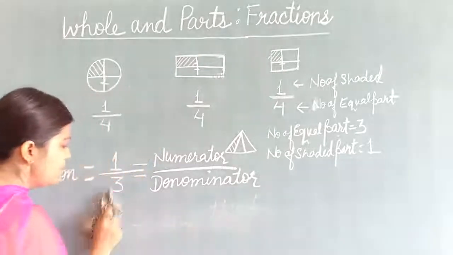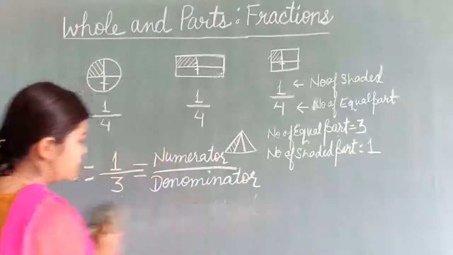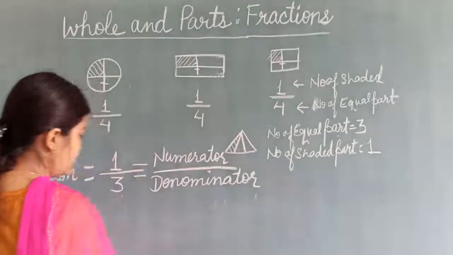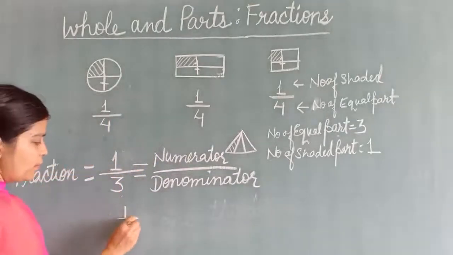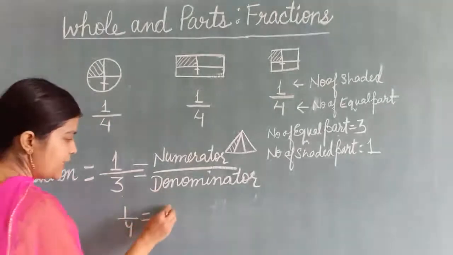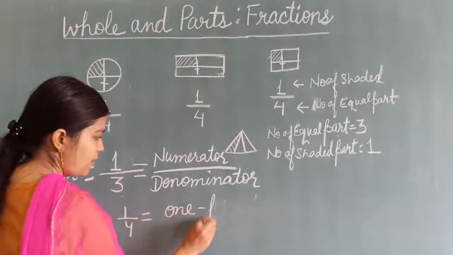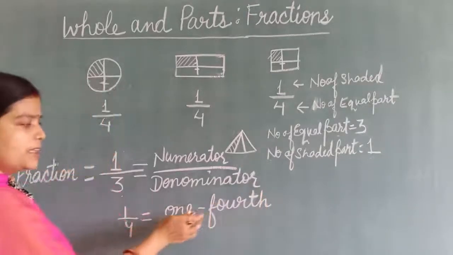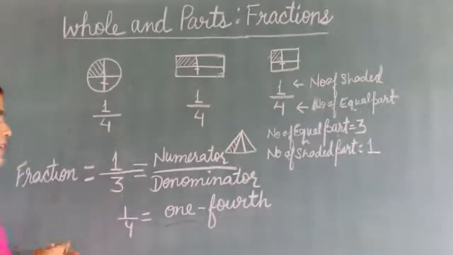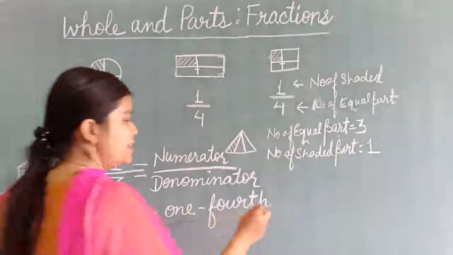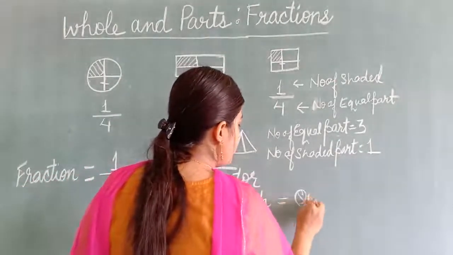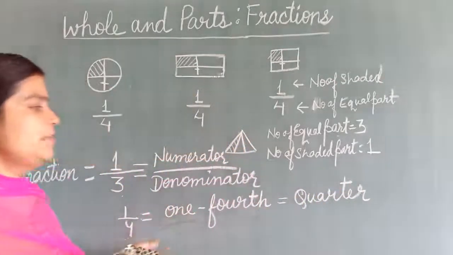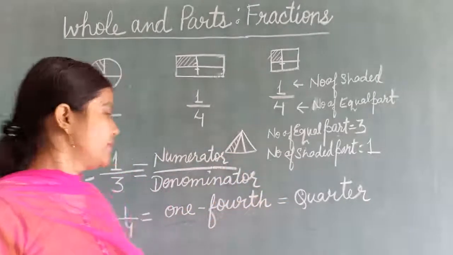The another name of 1/4, not 2/4, only for 1/4. 1/4 we can read as one-fourth, a number and an ordinal number, or we can give another name also. We can write it as quarter.